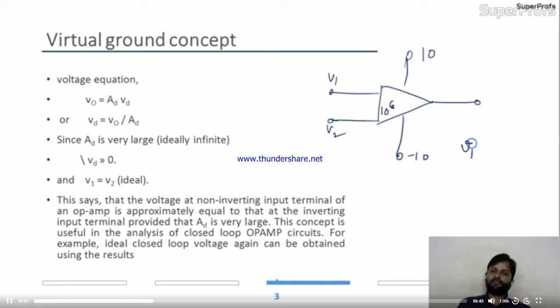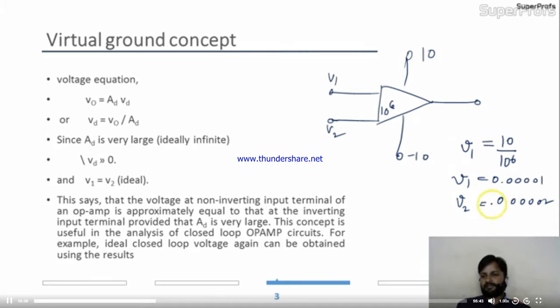Then your V1 will be in the range of 10 to the power minus 5, like 0.00001. And if I talk about V2, you are applying something and it will be again a very small value like that. So both are nearly equal, or not? V1 is nearly equal to V2. If we are talking about very small quantities, they are nearly equal.